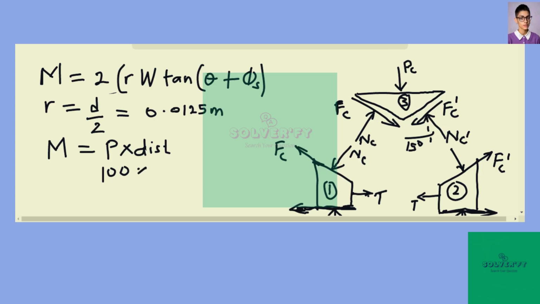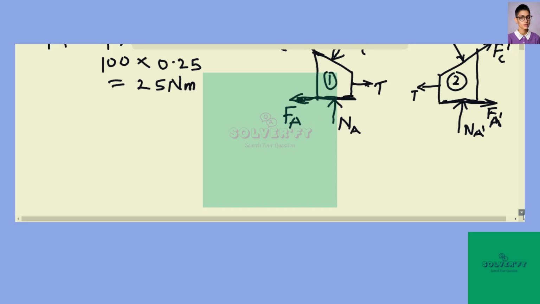By the time we multiply by the distance, which is 0.25 meters, that is going to give you 25 Newton meters. So that is what the moment M will give you.